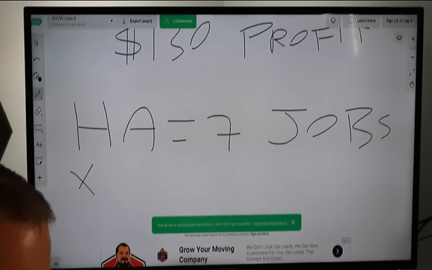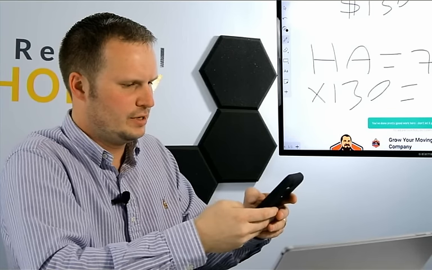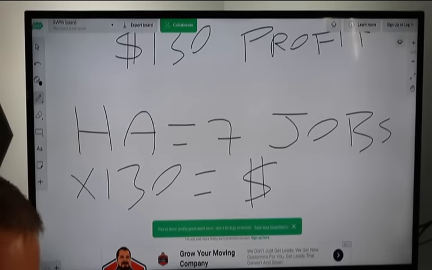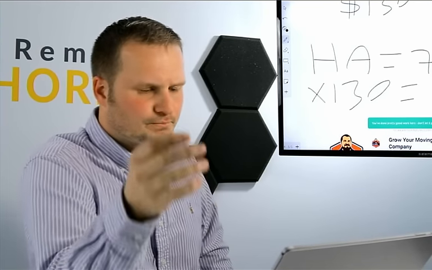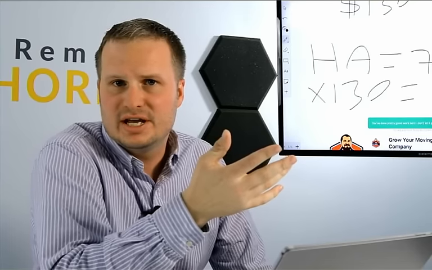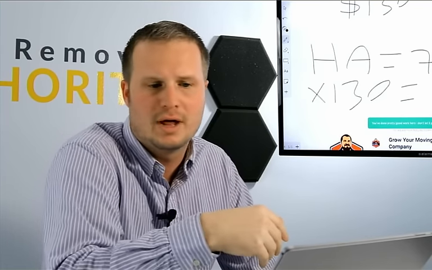So 7 times 130, $910. You just got yourself about a $10,000 a year raise by spending $500 a month on Home Advisor. Now, I would use 70 as a decent figure. 70 to 80 on Home Advisor is a decent figure. I'd use $100 on Google Ads when you're doing your averages.